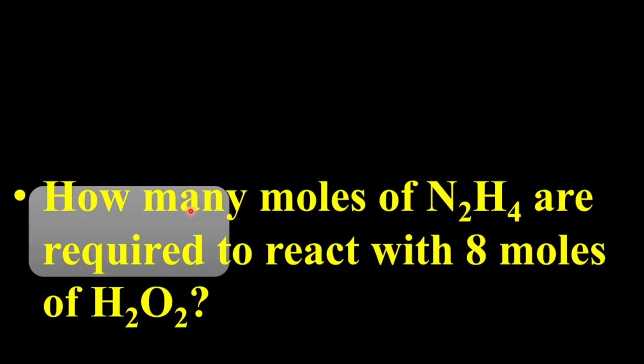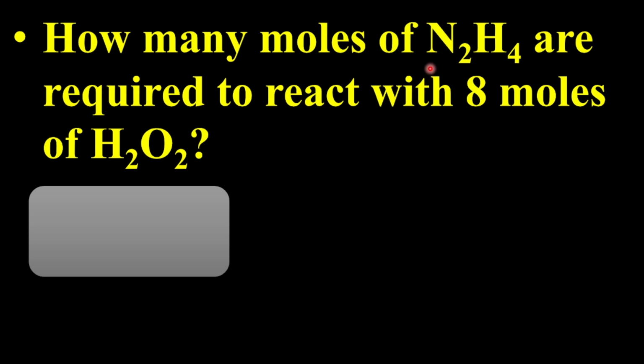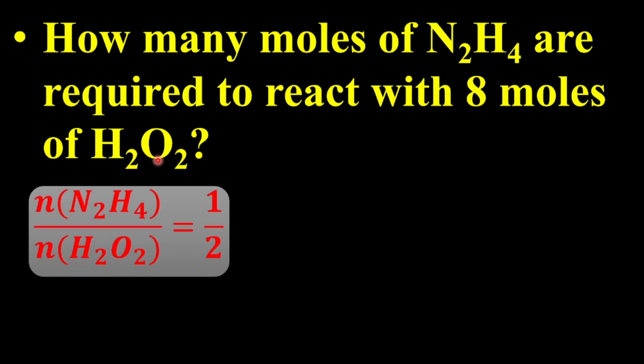So we are going to pick the mole ratio between that. So we have N2H4 against H2O2. We need to write the mole ratio for this reaction. So we have n of N2H4 over n of H2O2, which is equal to 1 over 2. So that is the mole ratio.